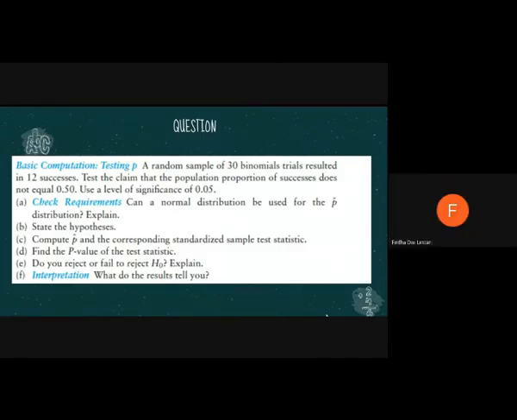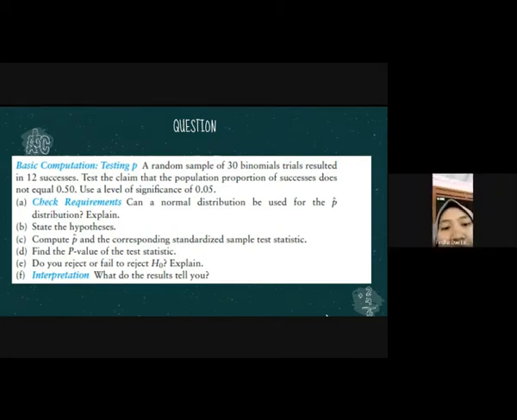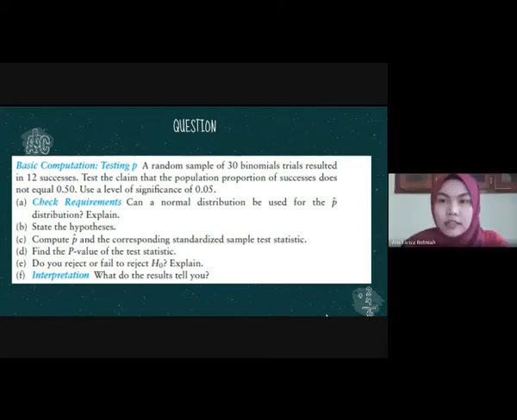I still don't understand about the null hypothesis and alternate hypothesis. Please explain it with simple words that I can understand.